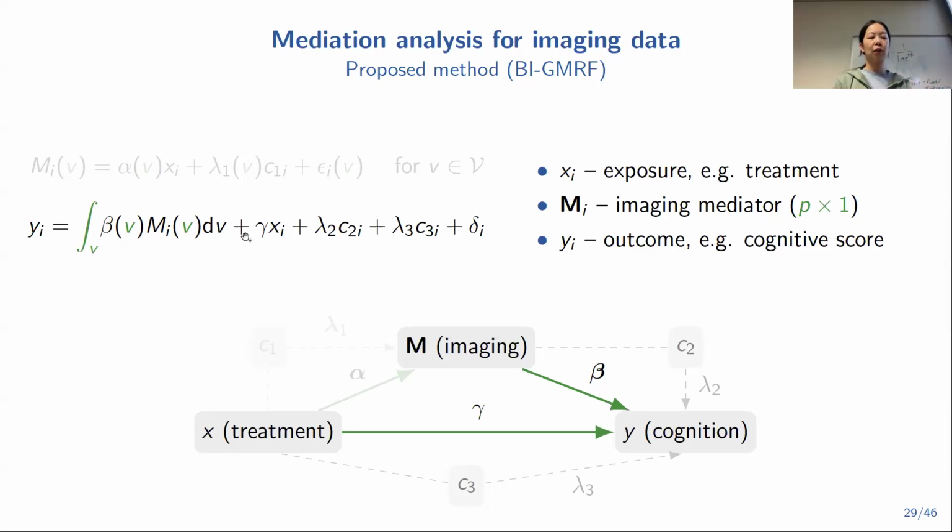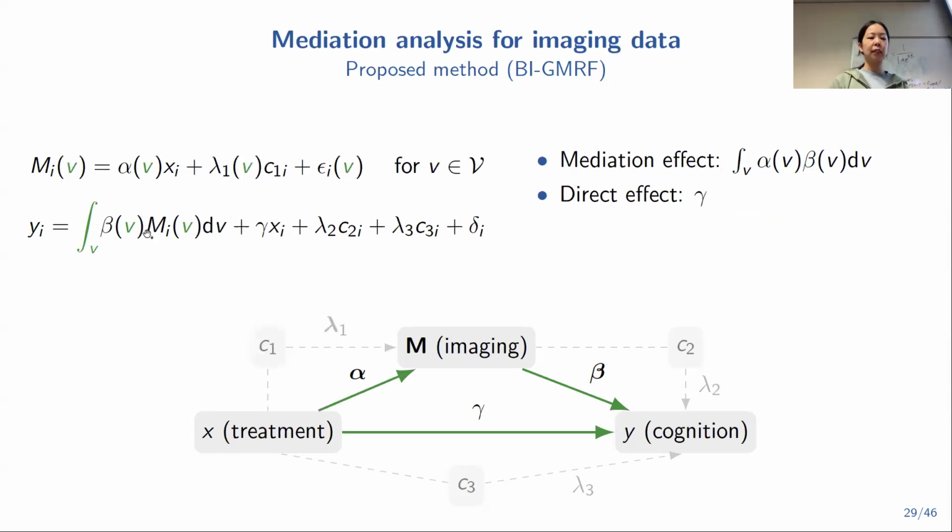And here's our exposure variable, and gamma is the so-called direct effect. That's how our model looks. After proposing this model, we can calculate our mediation effect and our direct effect, and those two together are our total negative effect.